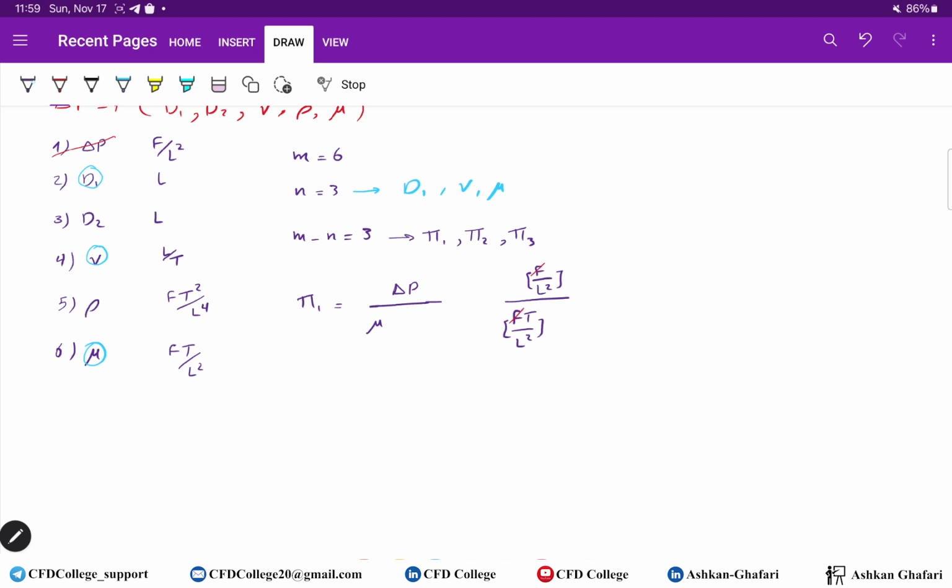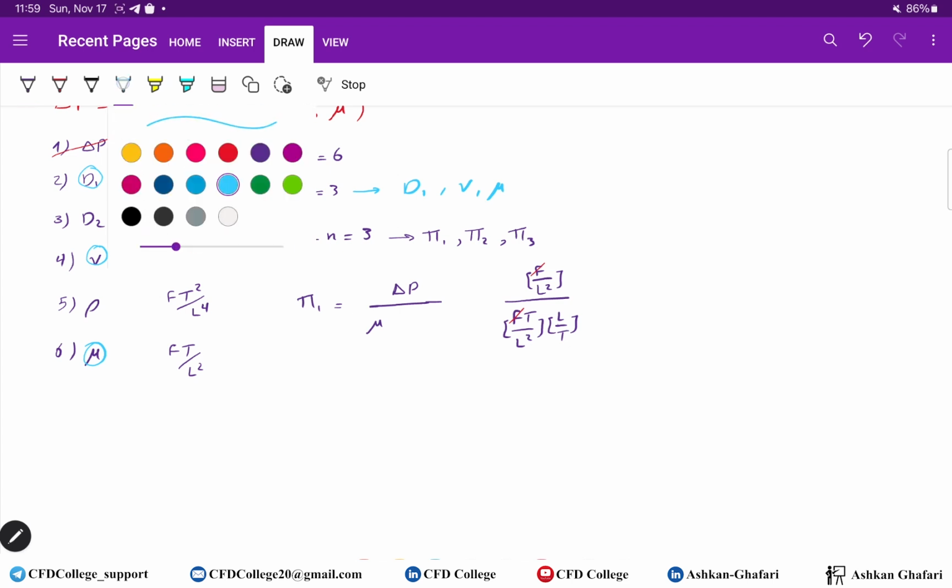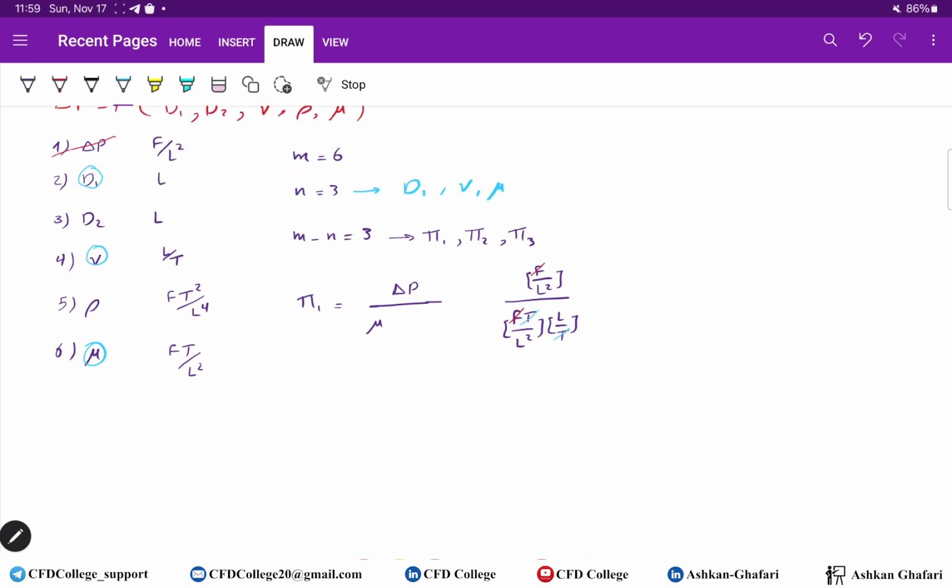We have to deal with T. We have a T here, so we need L over T. Now T is cancelled, and we have velocity here.